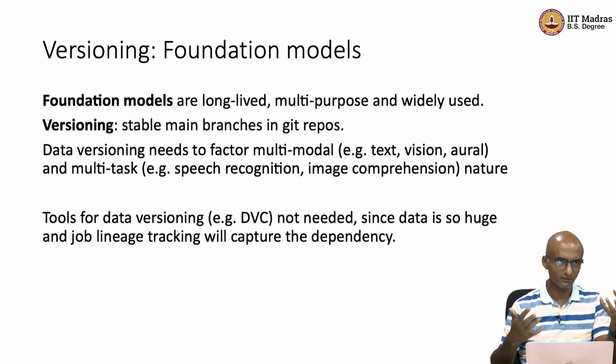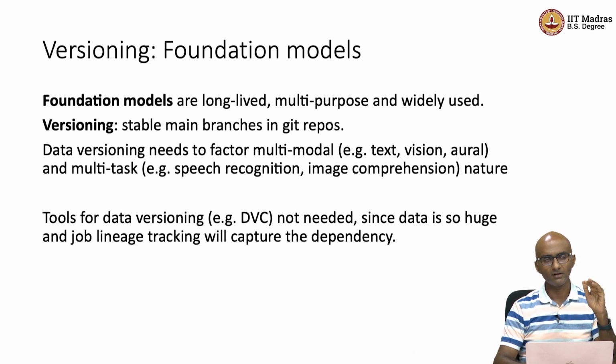They get used in multiple different contexts by multiple different teams, potentially companies, individuals, etc. So the versioning that you need here is very similar to stable main branches that you see in Git repos, right? That's pretty much what you would expect because it's a common kind of use.